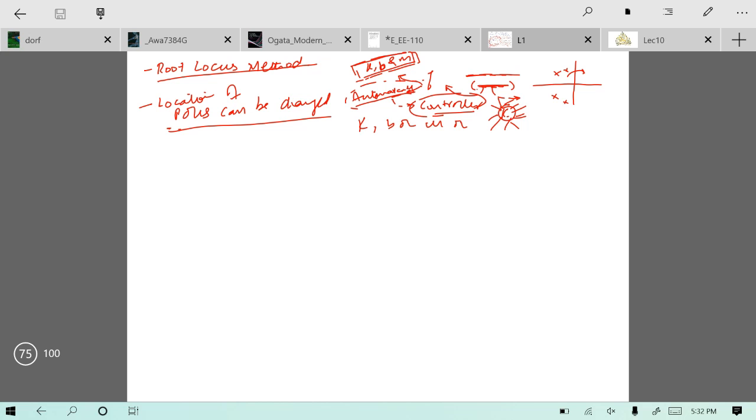So once we have decided that poles can be moved in a controlled way by changing k, b or m or any system parameter, the second thing we need to know is the path that a pole follows when you change either k, b or m, or change it automatically or through this controller.